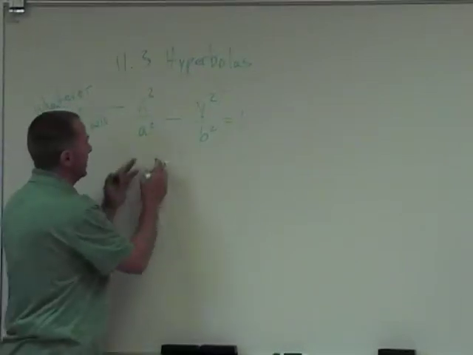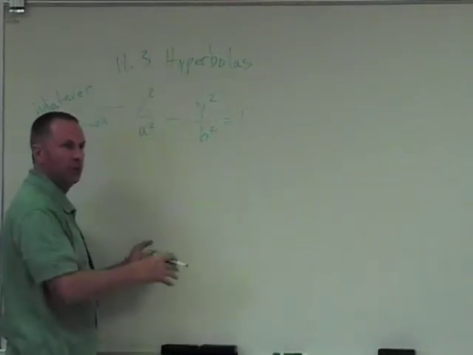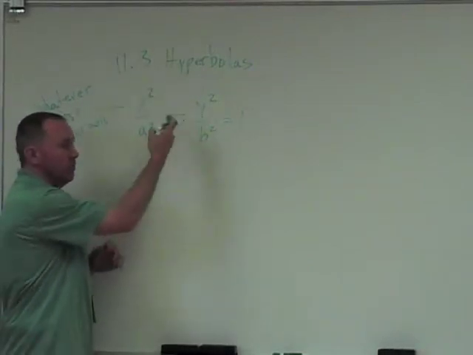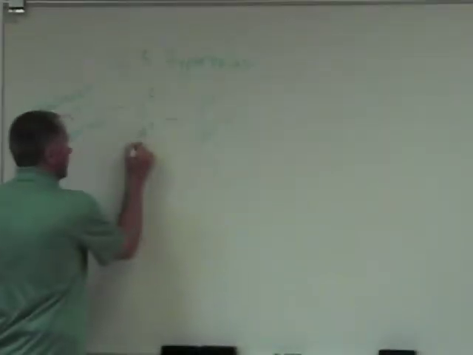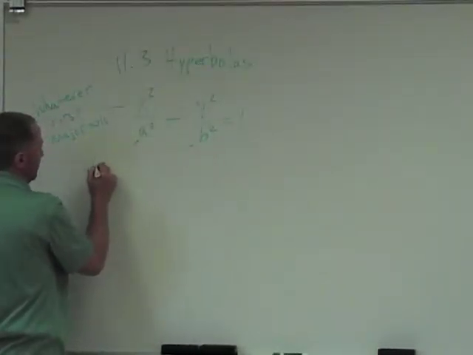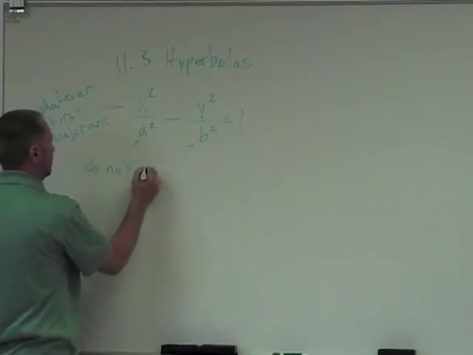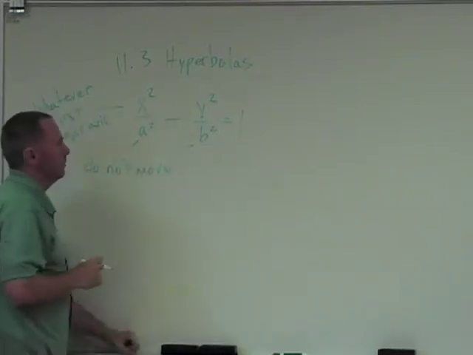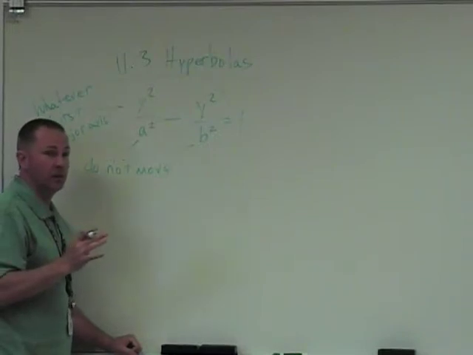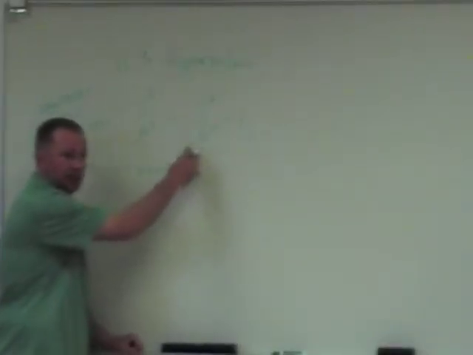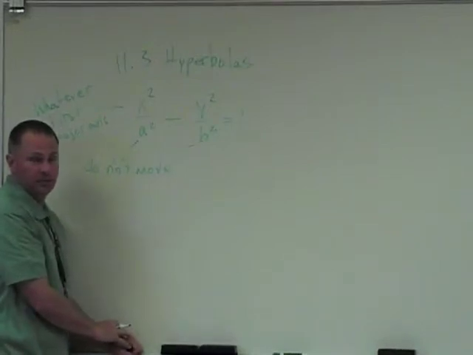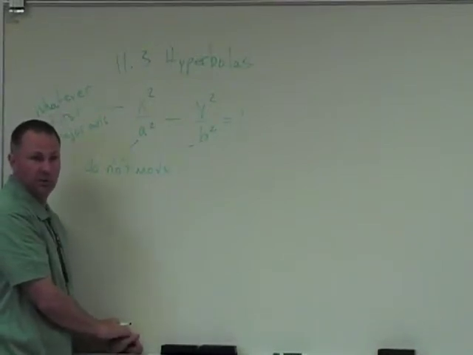So what we're really saying is the positive squared term is going to be first, and the other one will have a minus with it. So it doesn't matter if b squared is bigger than a squared. It's still going to be in that position. So a little different than ellipses and parabolas.